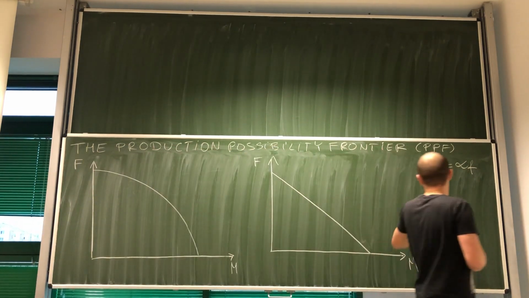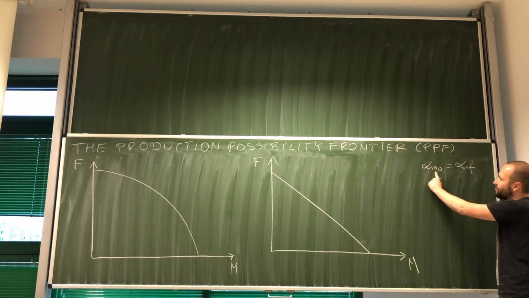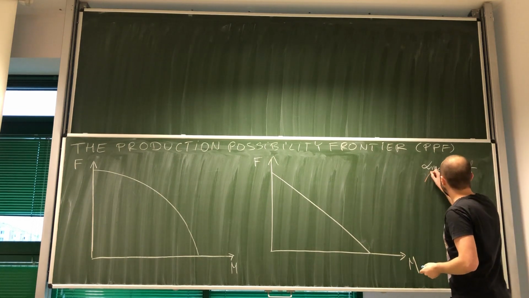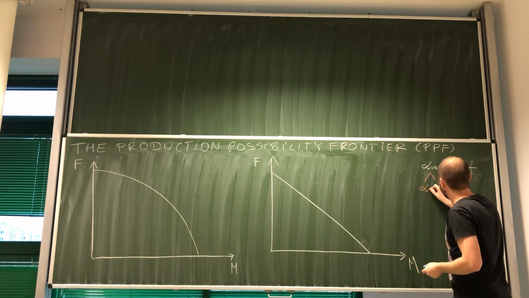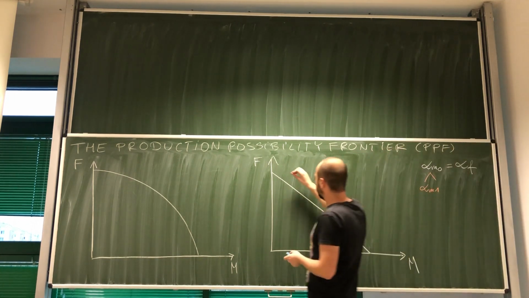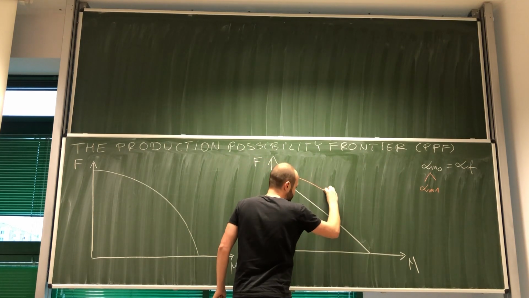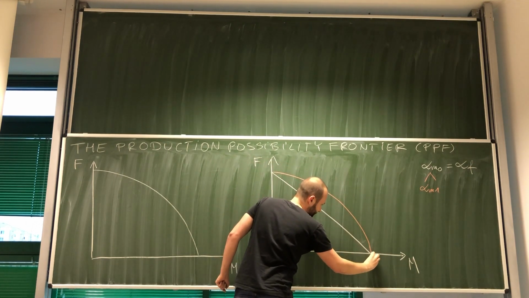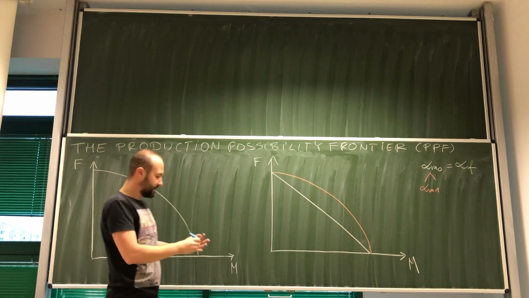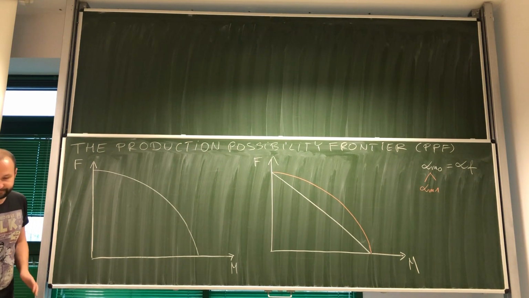What if the capital intensity parameter for manufacturing is increasing? For example, let's say that now we have alpha M1. And as before, we will now observe that the production possibility frontier is exhibiting more pronounced curvature.